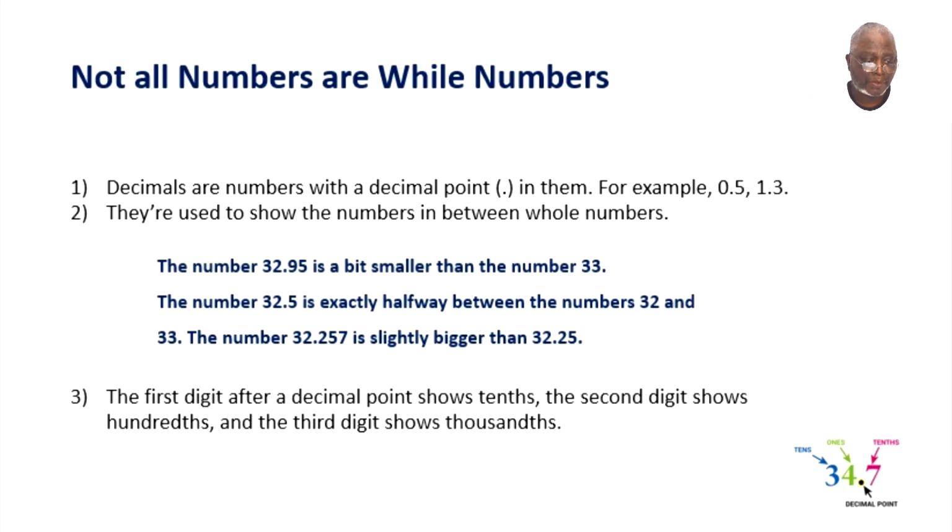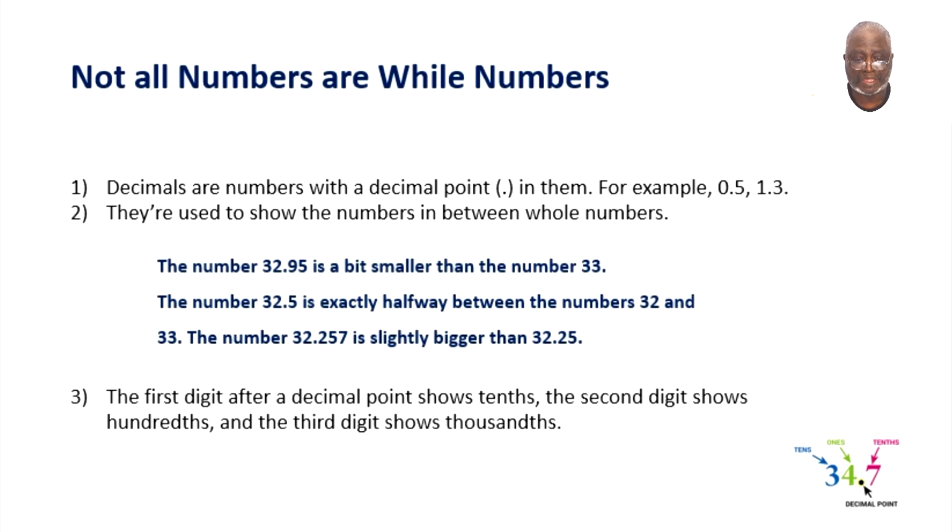The number 32.95 is a bit smaller than the number 33. The number 32.5 is exactly halfway between the numbers 32 and 33. And the number 32.257 is slightly bigger than 32.25.